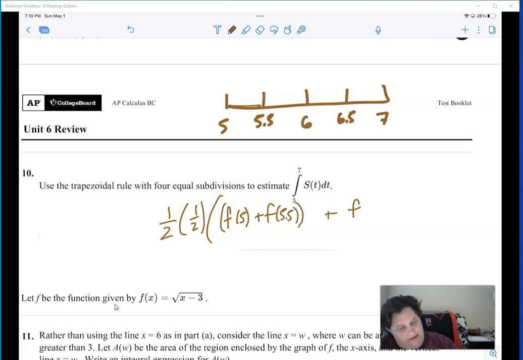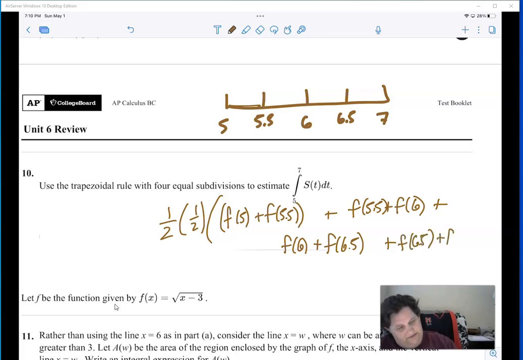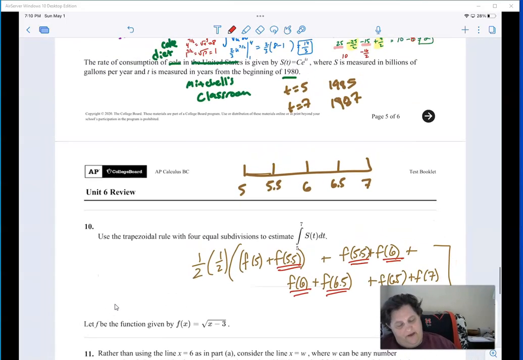The next set of heights will be f of 5.5 plus f of 6. Next set of heights is going to be f of 6 plus f of 6.5. The next set is going to be f of 6.5 plus f of 7. You guys see there's one of f of 5, and then there's two of those, and then there's two of those.